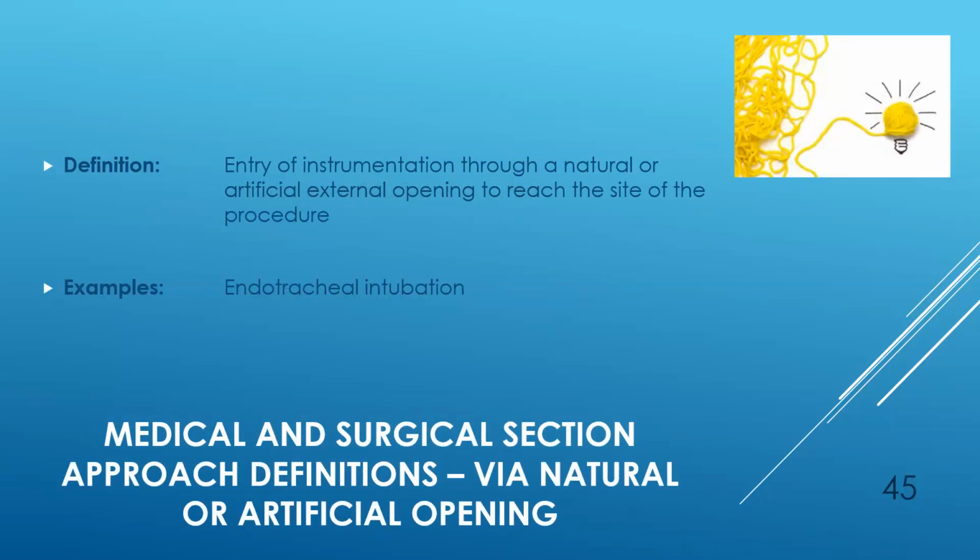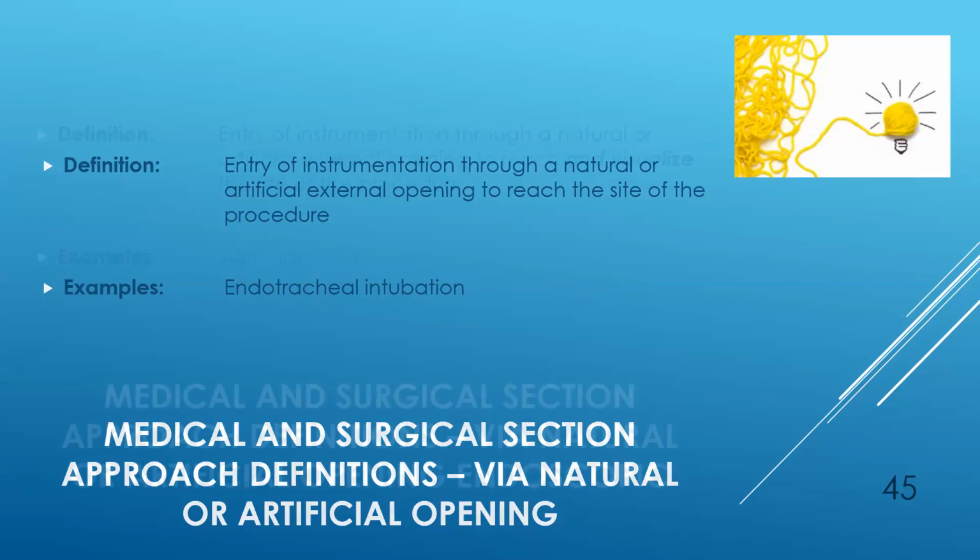So entry of instrumentation through a natural orifice opening to reach the site. So they go right down your throat, or through the urethra, where there is an opening, transvaginally.